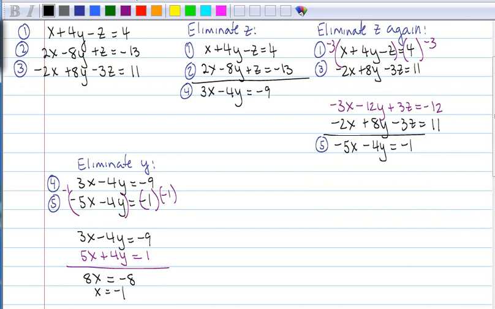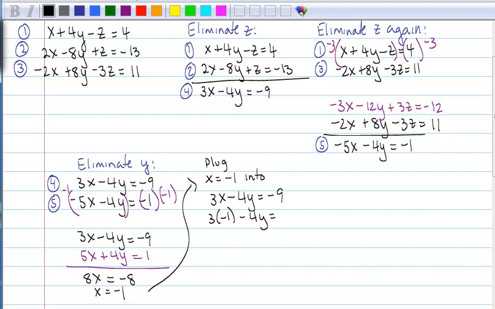So now I'm going to take one of these intermediate equations without a z, and I'm going to plug in that x equals negative 1. I'm going to plug that into the 4th equation. So what I get is 3 times negative 1, leave the 4y alone, and the negative 9. That would be negative 3.